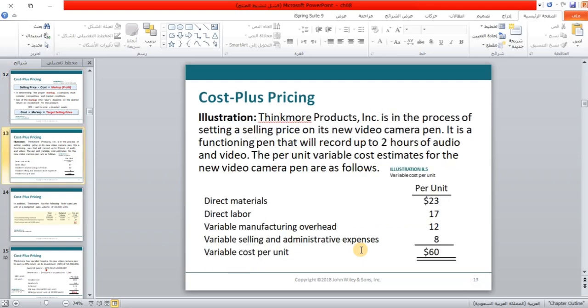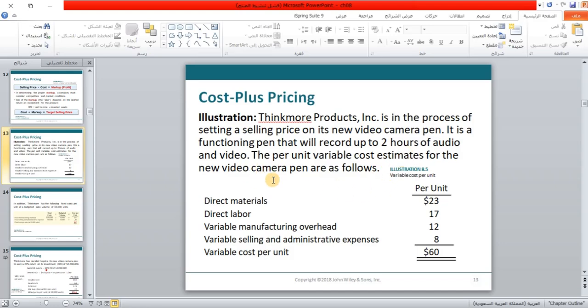Here is an exercise. Syncmore Products Corporation is in the process of setting a selling price on its new video camera bin. It's a functioning bin that will record up to 2 hours of audio and video.